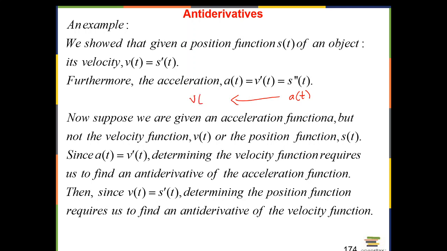We want to find velocity. Suppose we are given velocity, we're going to find what? The position function. So the process of going this way, we have spent almost 4 chapters on, and that is taking derivative, right? We go from left to right. And antiderivative is to go from right to left.